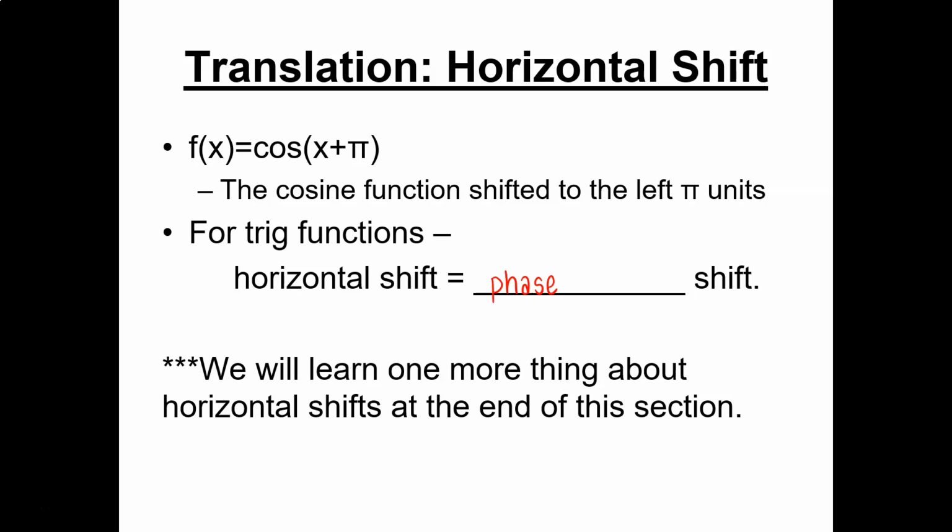In some instances, horizontal shifts are going to work just like we normally see them, where if I put a plus pi, go to the left pi. In some cases, we're going to have to do a little bit more than that, and I'm going to show you that in a second. Okay, so it's not all there is here.